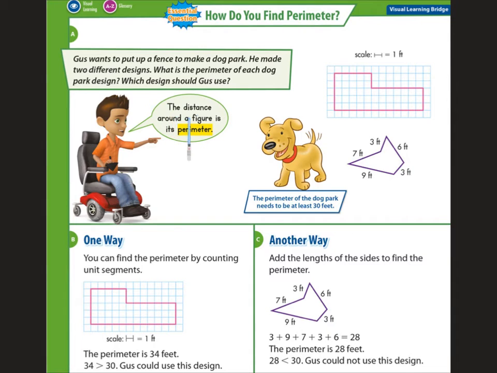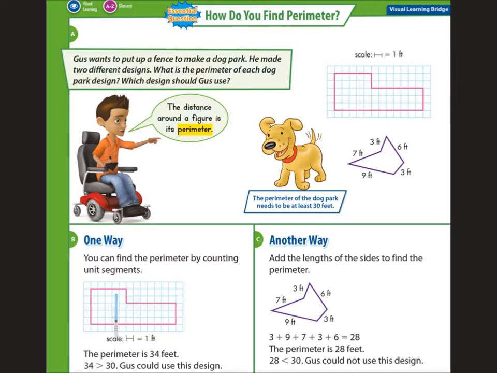Okay, remember the distance around a figure is a perimeter. And it says a little tip right here is that the perimeter of the dog park needs to be at least 30 feet. Okay, so one way we can figure that out is if we look right here at part B where it says one way, you can figure out the perimeter by counting the unit segments. So it says right here that one of these units equals 1 foot.